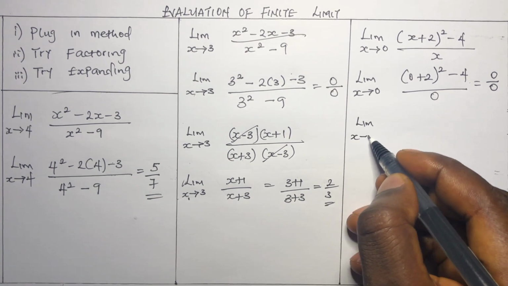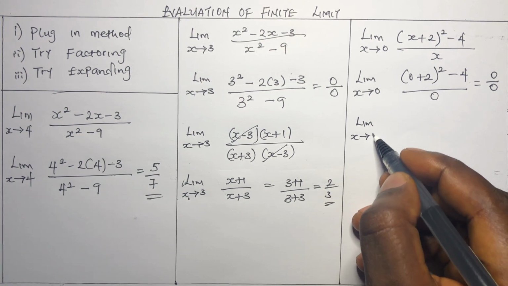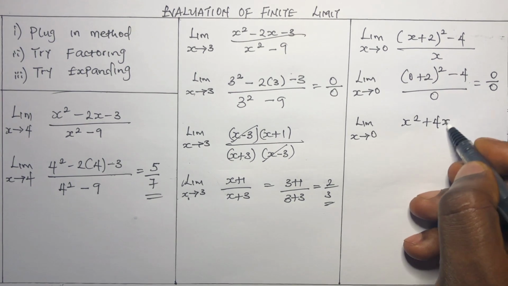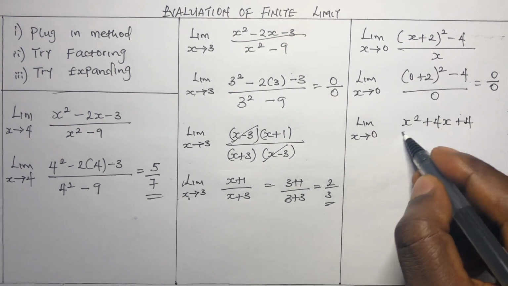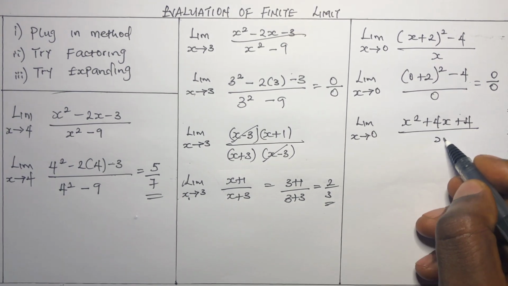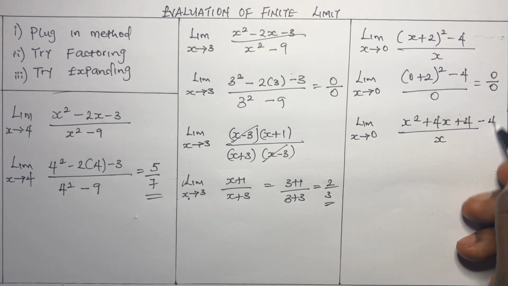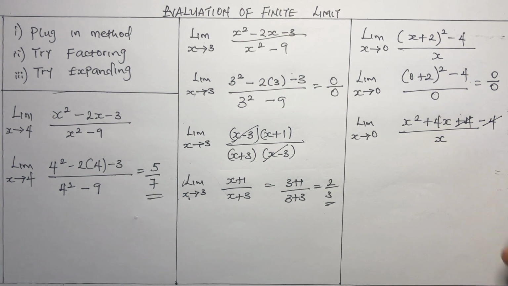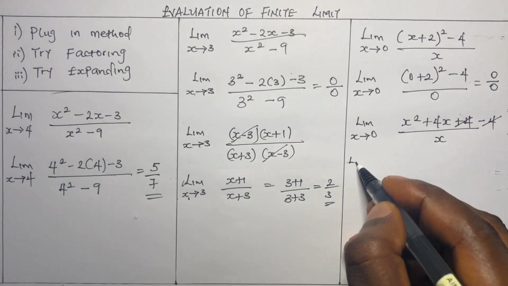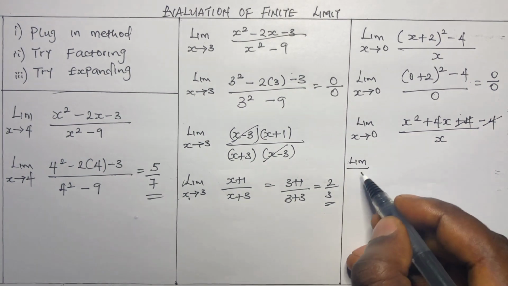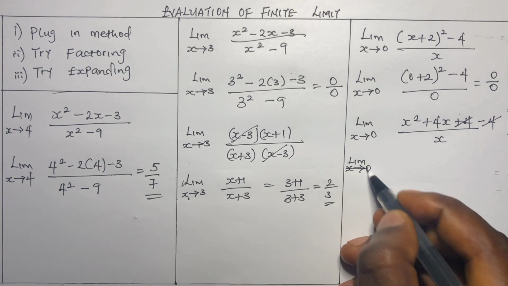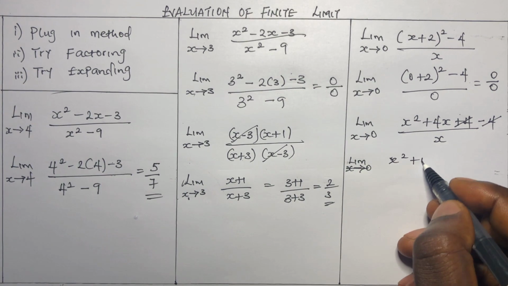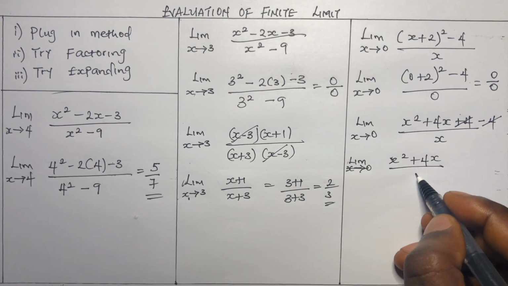As x tends to 0, we have x squared plus 4x plus 4 all divided by x. Now remember, we have a negative 4 right here. So basically positive 4, negative 4 goes, and we are left with the limit as x tends to 0 of x squared plus 4x all over x.